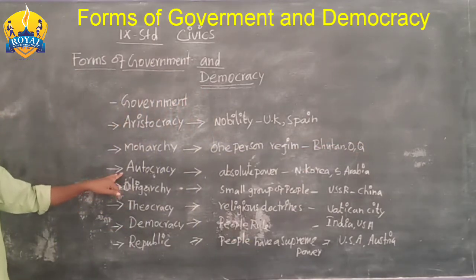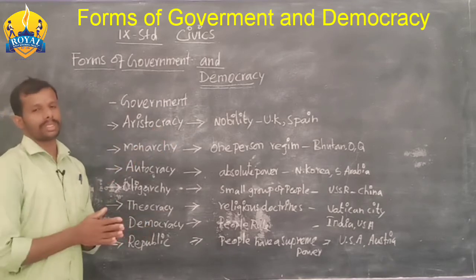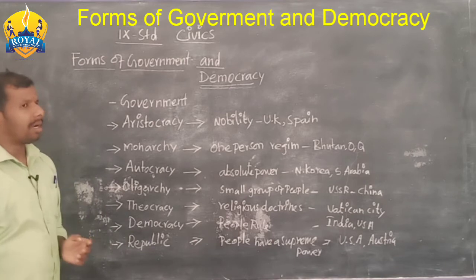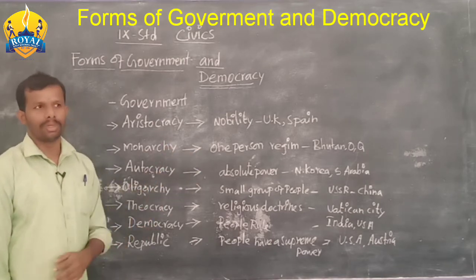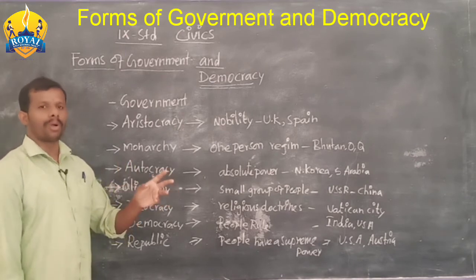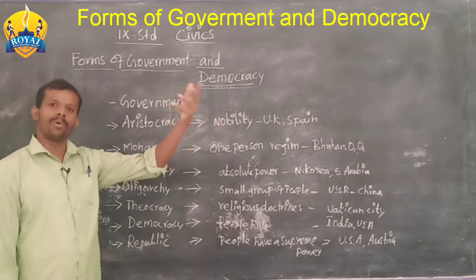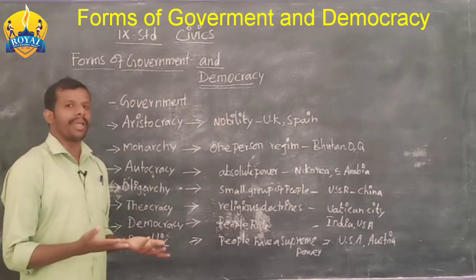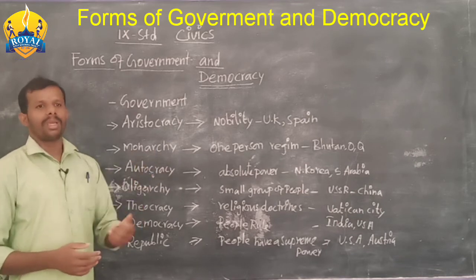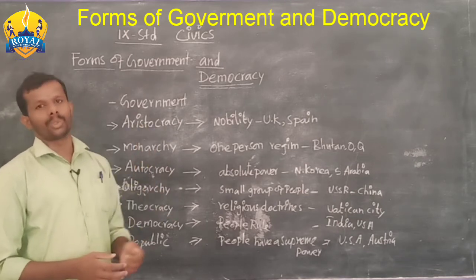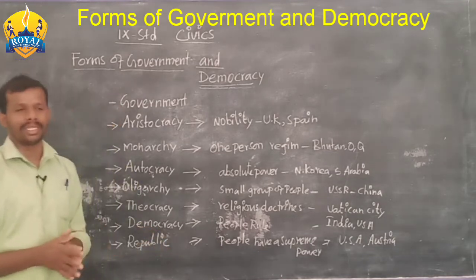Okay, so the next form of government is autocracy. Auto means self-rule. Who can have a self-rule? The self-rule is followed by one ruler who never minds about others' opinions, never minds about his surrounding persons. Himself he orders, himself he controls. That is called autocracy.